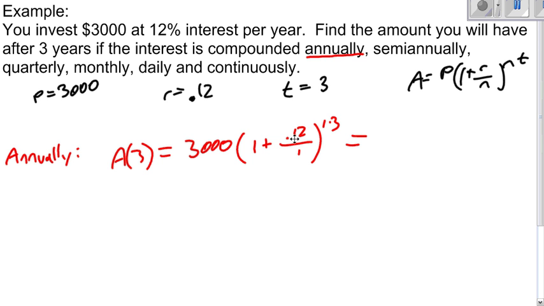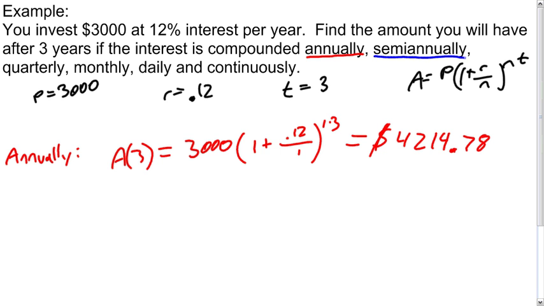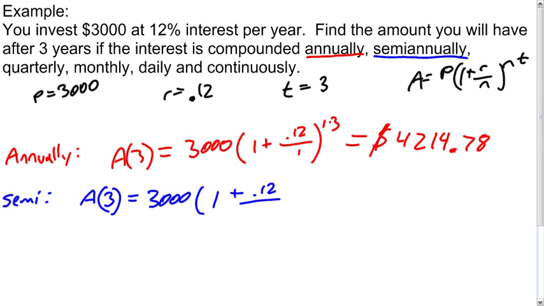So that would be 1.404928 times the 3,000 gives us a grand total of $4,214 and about 78 cents. If you're to do semi-annually, that just means twice a year, basically every 6 months. We get the amount after 3 years of our $3,000, 1 plus 0.12 still, but now it's compounded twice.